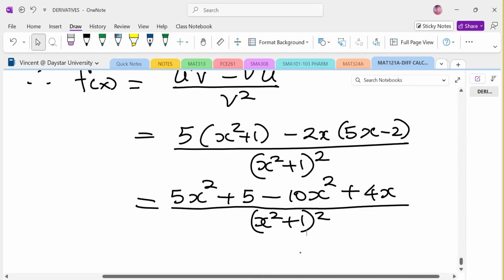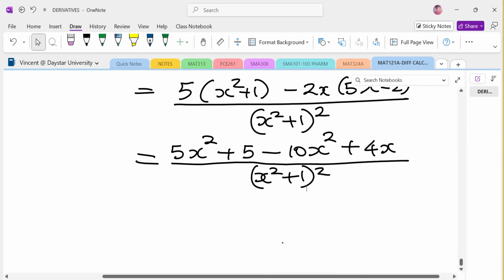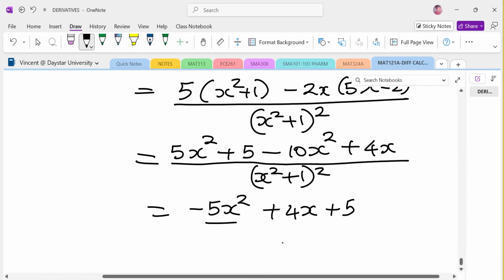So collecting like terms, 5x squared minus 10x squared gives minus 5x squared, then plus 4x, and then plus 5, divided by x squared plus 1 squared. So this will be your dy dx.